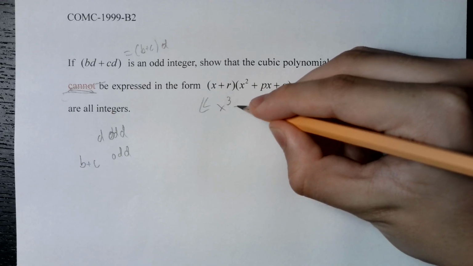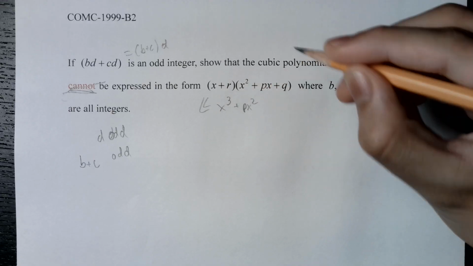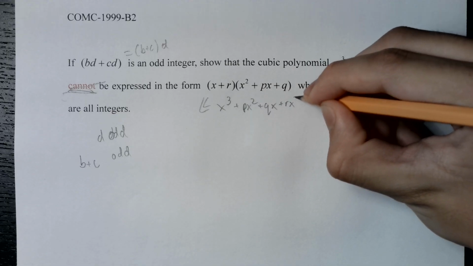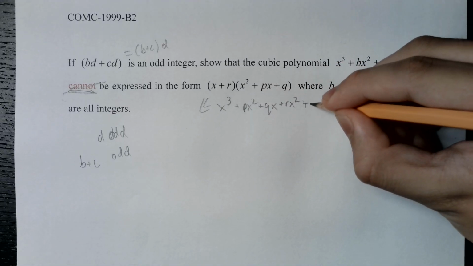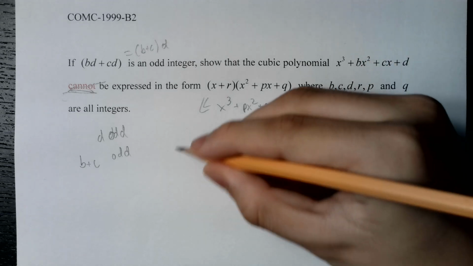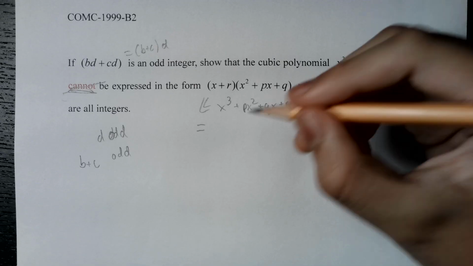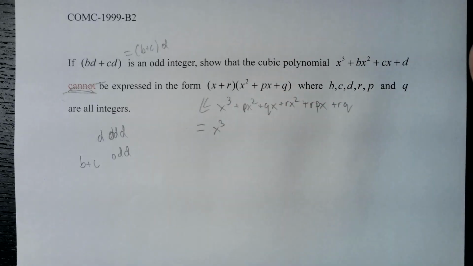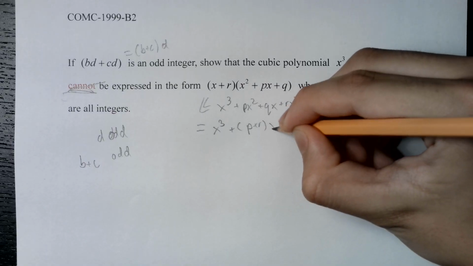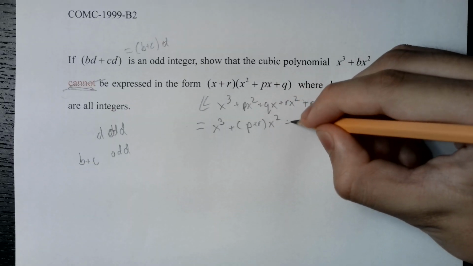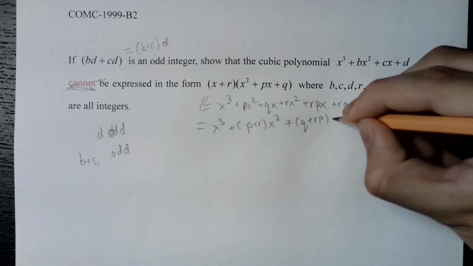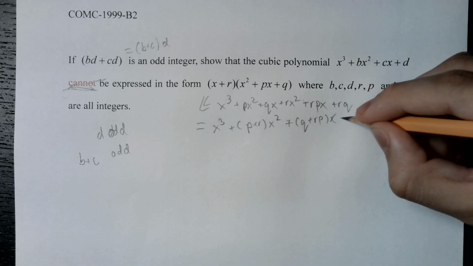So x^3 plus px^2 plus qx plus rx^2 plus rpx plus rq. And this is going to be equal to x^3, so we're going to combine the like terms together, plus (p plus r)x^2 plus (q plus rp)x plus rq.